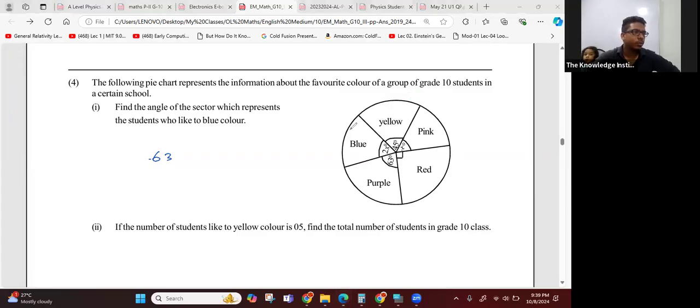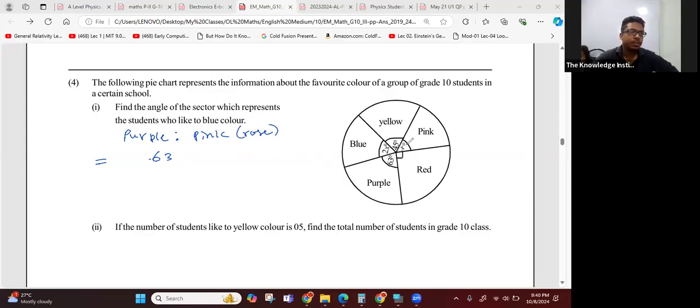So that is equal to the ratio between purple and pink, which is rose. Or is it red? Rose is red, right? Red rose. Maybe pink rose also. I don't know. Let's take it as pink.